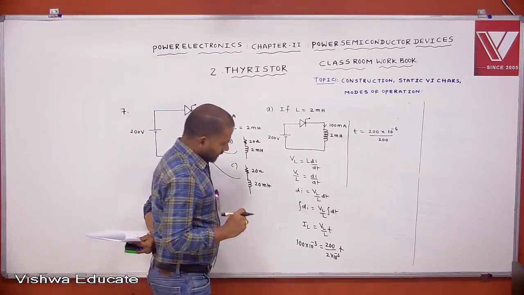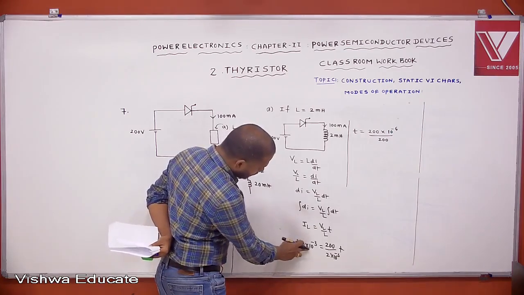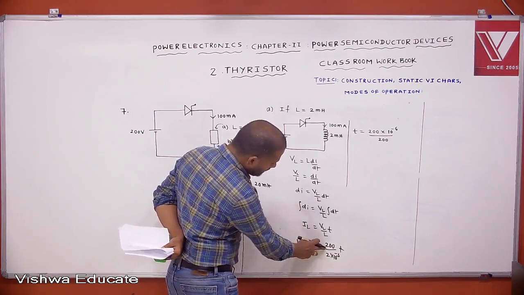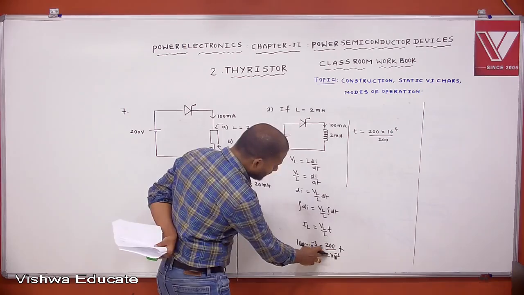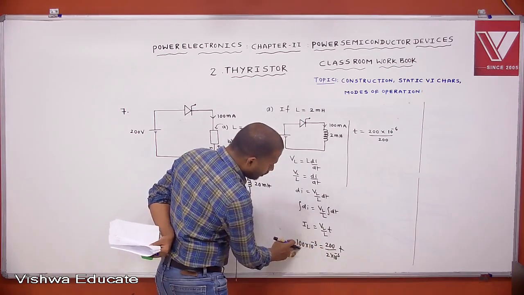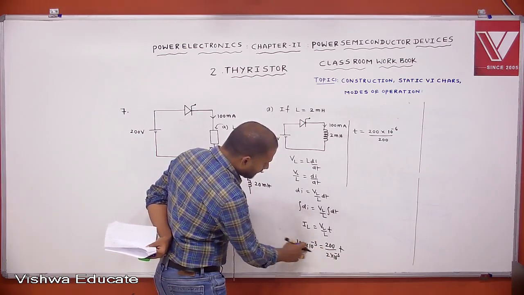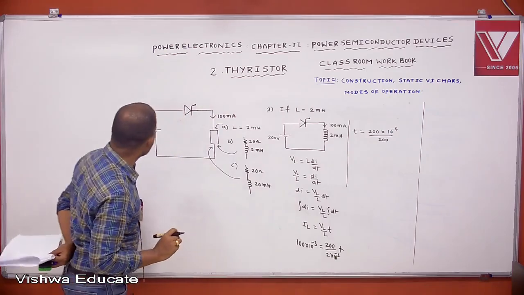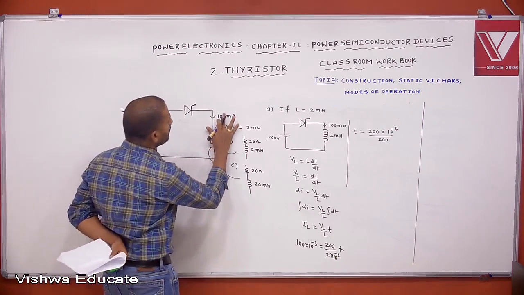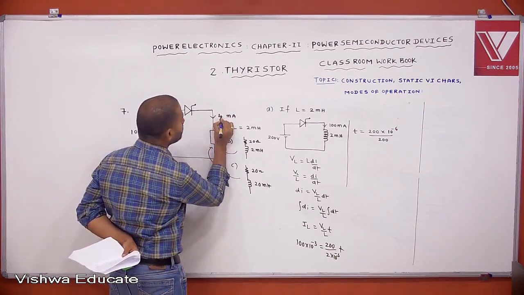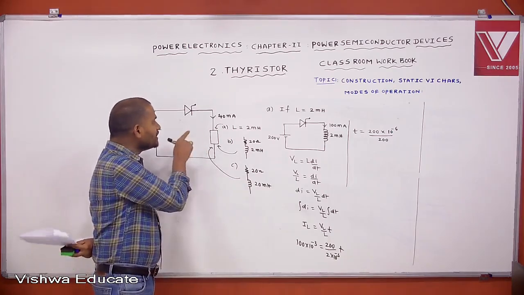For example, if you take this as 40 milliampere, that is 40 into 10 to the power of minus 3, and L is 2 millihenry. Sorry, one small change here: I am changing this latching current to 40 milliamperes.